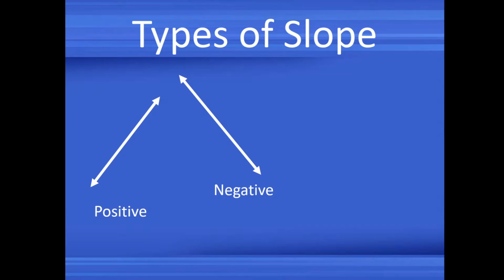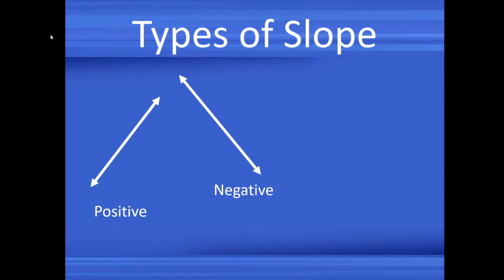Whatever the other value is doing, the other value is going to do the opposite. So when our x value decreases, our y value will increase. All right, so a negative slope also means that as the line on the line graph moves from left to right, the line always falls down.